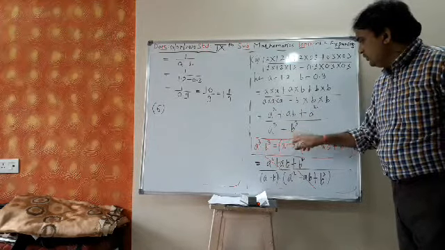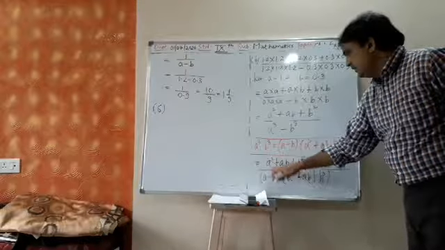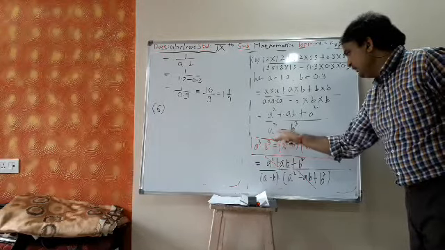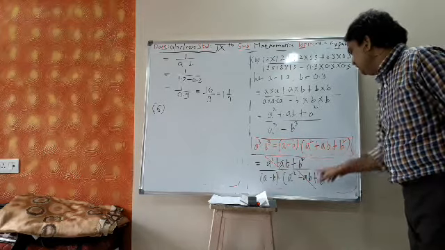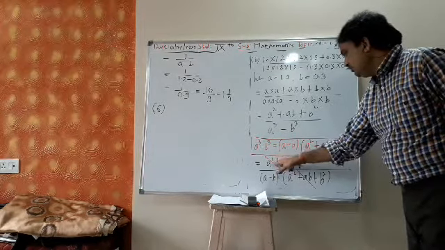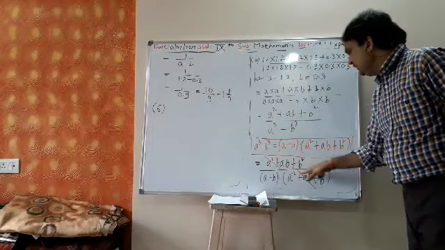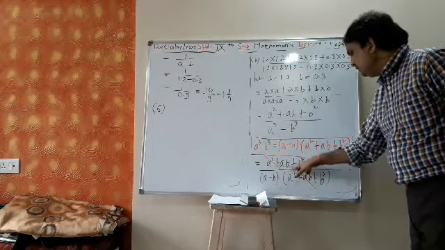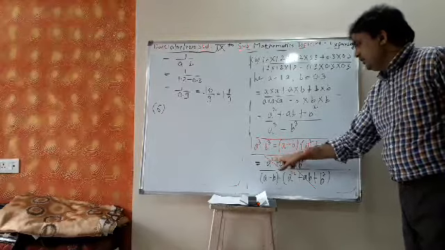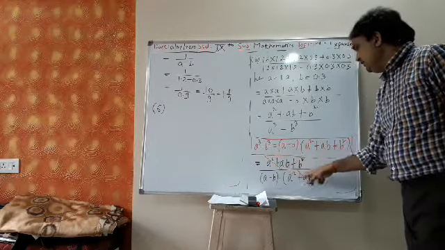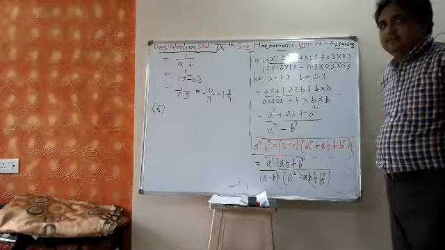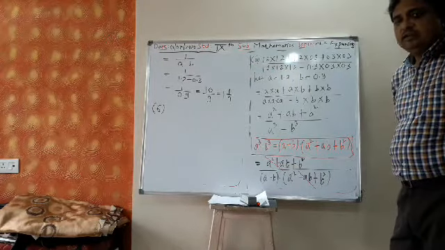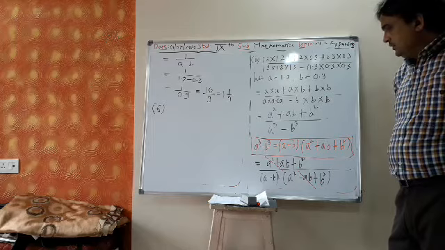Denominator is a cube minus b cube, formula I have written. What is the a cube minus b cube formula? a minus b into a square plus ab plus b square. The numerator a square plus ab plus b square gets cancelled with the same term of the denominator. What is left? 1 upon a minus b is left. Is it clear? Are you getting?